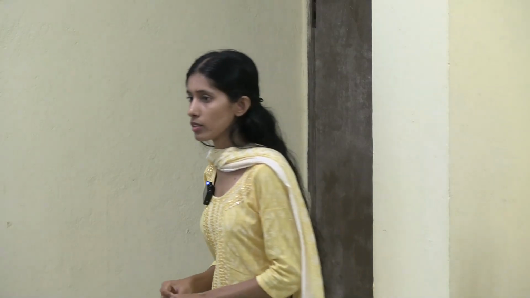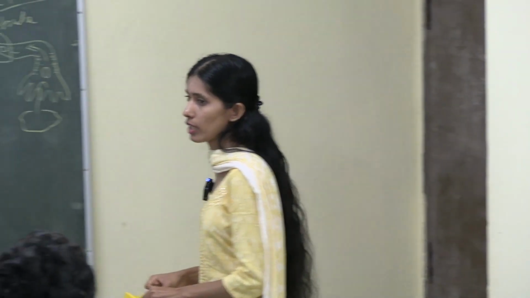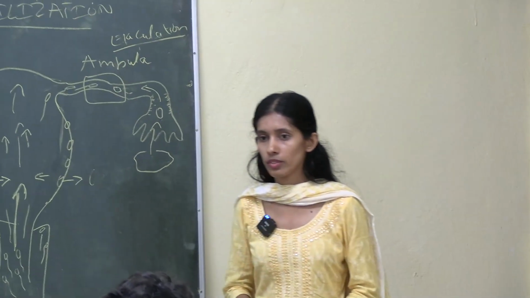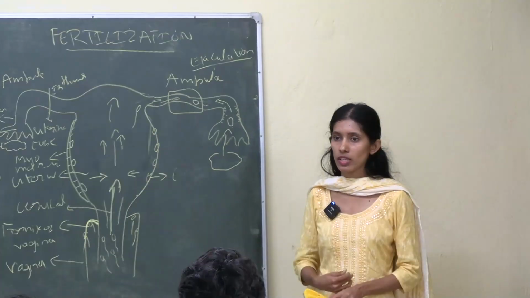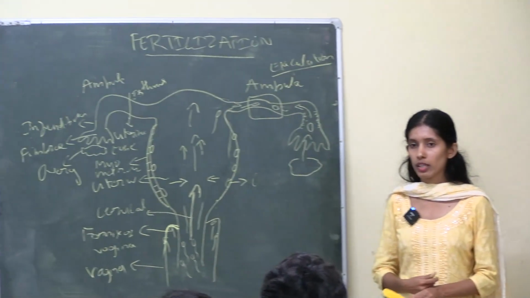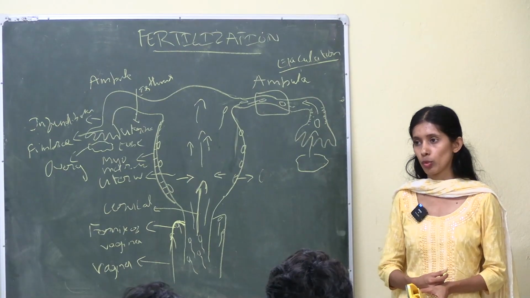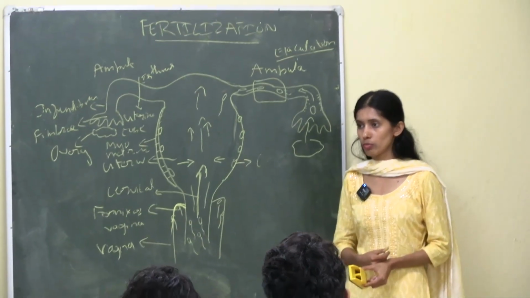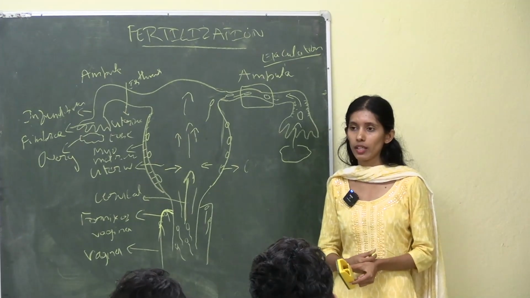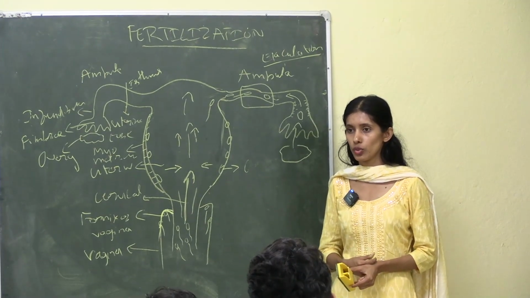Male gamete is motile whereas female gamete is immotile. Male gamete is smaller in size and female gamete is larger. In the male gamete we see very little cytoplasm, but in female gametes we see more cytoplasm. These are three basic and important differences you should remember.